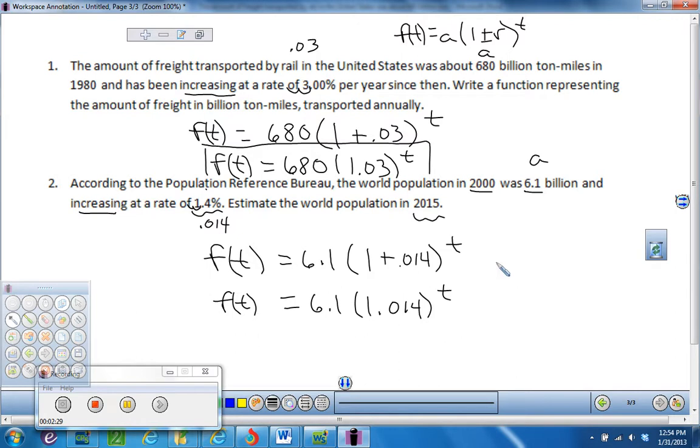Now, to come up with how much the population should be, we would take 2000 from 2015. Take the difference, and that's going to give us 15 years. So t is 15. So we'll substitute in 15 for t here.